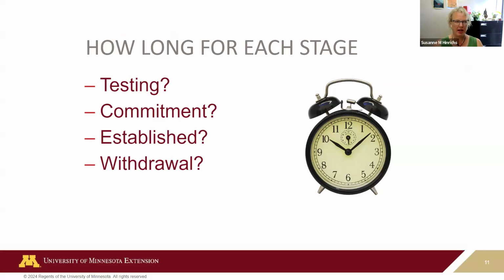It doesn't have to be any set or prescribed situation. You move into testing and figure out how to work with each other. And then you work into that commitment stage where you're both committed to working together to make this farm situation go. And then you have an established situation.